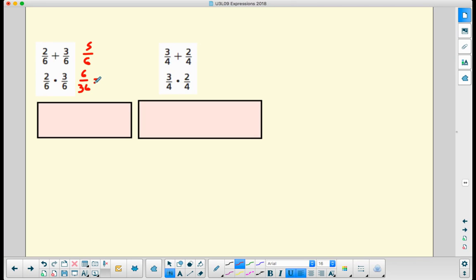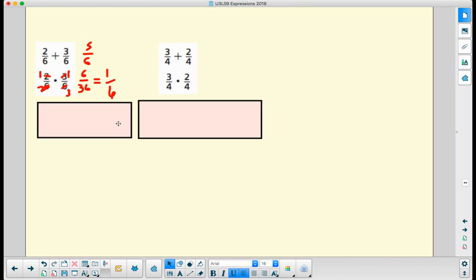Or I could factor first. There's 2 2s, or there's 1 2 and 2, and 3 2s and 6. There's 1 3 and 3, and 2 3s and 6. And I get 1 multiplied by 1 is 1/6.